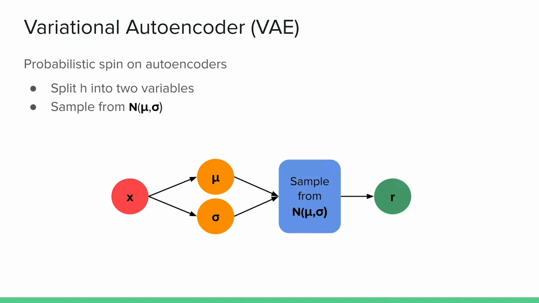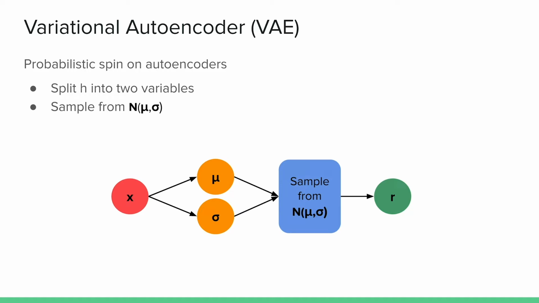Instead of having just one layer or one output in our hidden representation with some values, we're actually splitting it up. We're predicting 2 different things here.